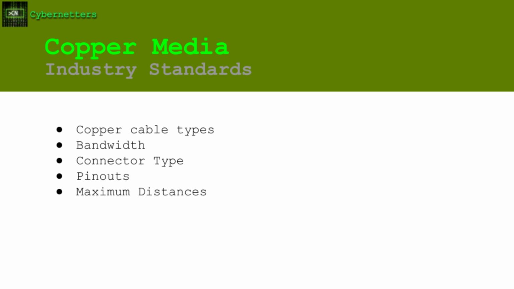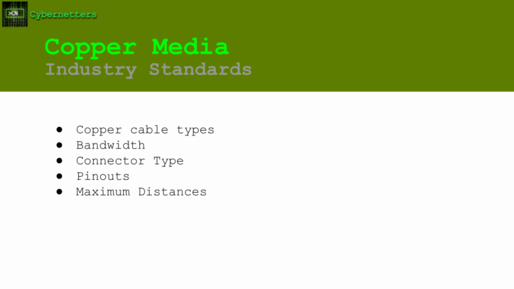Standards ensure compatibility and reliability across devices and networks. Some common standards for copper cables are the cable types, which come in Cat5e, Cat6, Cat6A, and Cat7. For bandwidth capabilities, Cat5e can go up to 1 gigabit per second, Cat6 can go up to 1 gigabit per second, or 10 gigabits for short runs, and Cat6A can go up to 10 gigabits per second.